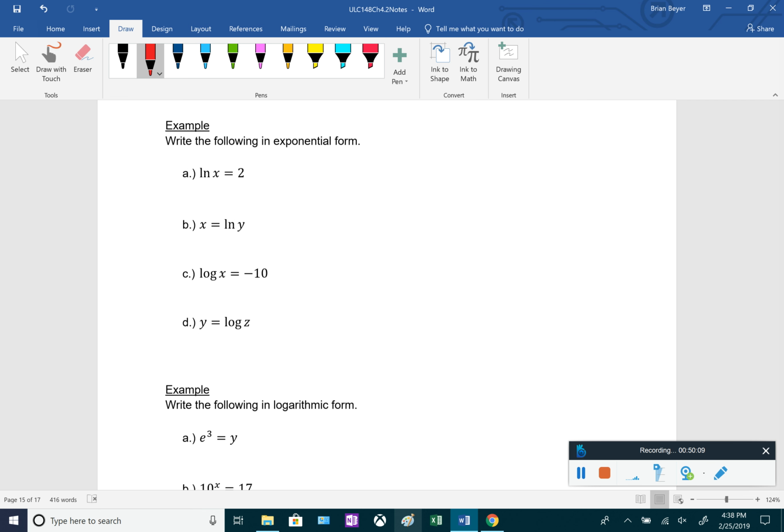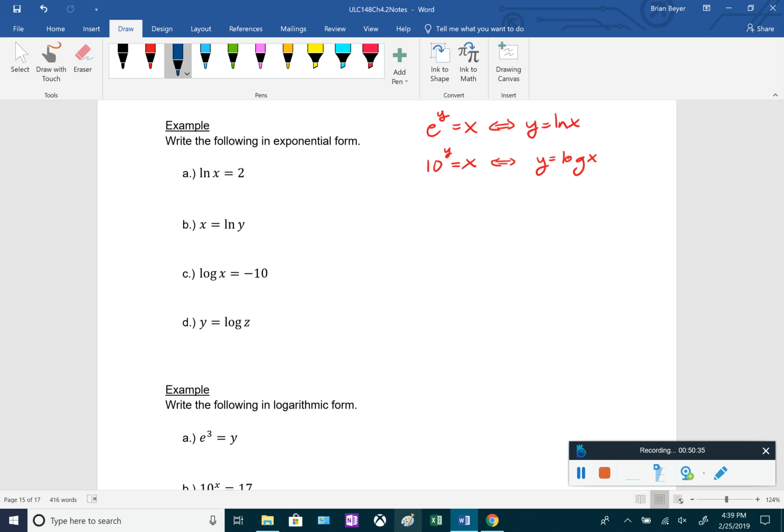Okay, so I'm going to rewrite those right here just so you can look back at it if you're following along. So e to the y equals x is the same as y equals ln of x, and 10 to the y equals x is the same as y equals log base 10 of x, log of x. Don't need the base 10. So doing this first example, ln of x equals 2.